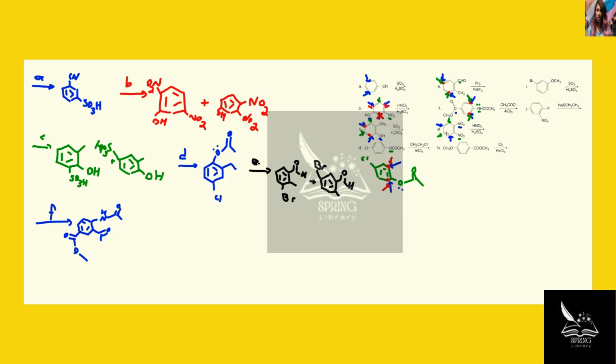So in essence, we're only going to get 2 products. Doesn't matter if you draw it here or here, or here or here, because they're both related to each other. So these 2 products would be the same as so would these 2 products. So you just have to draw your 2 products, your 2 isomers.